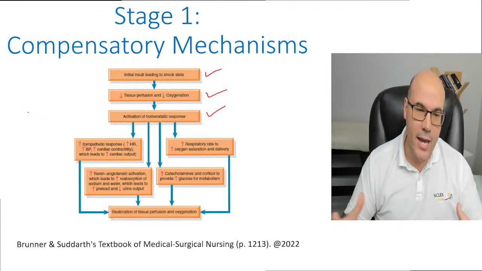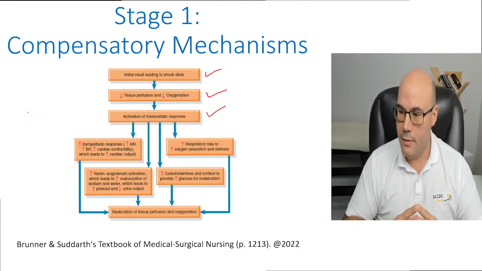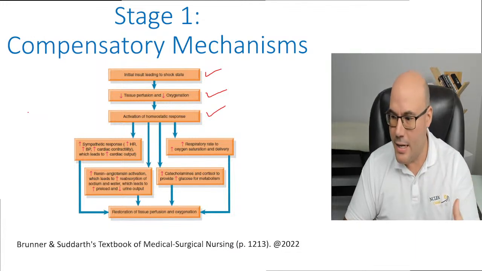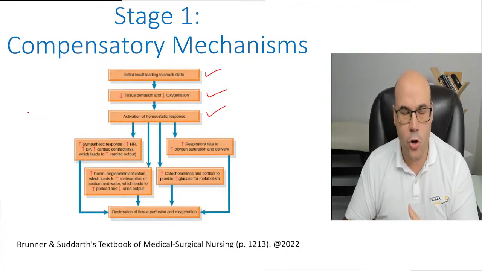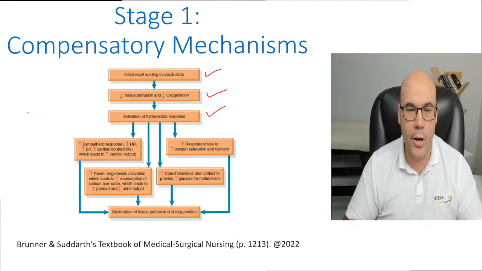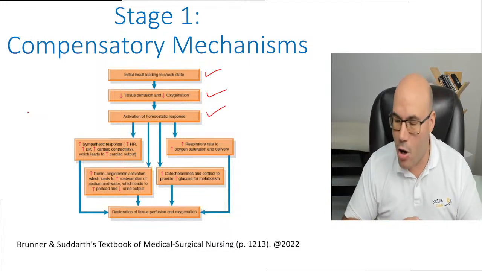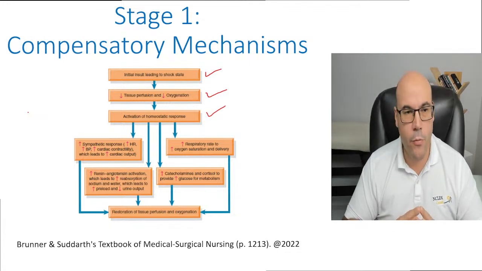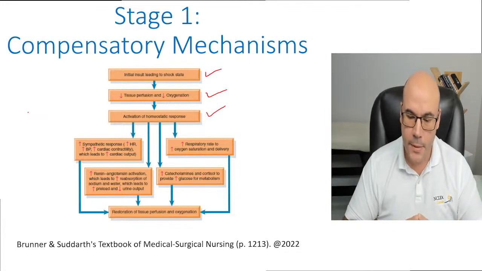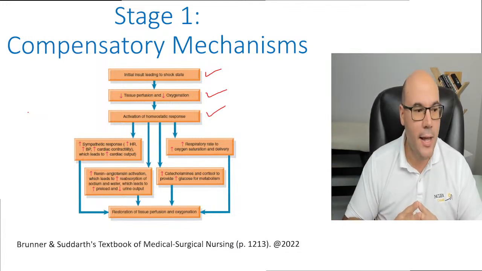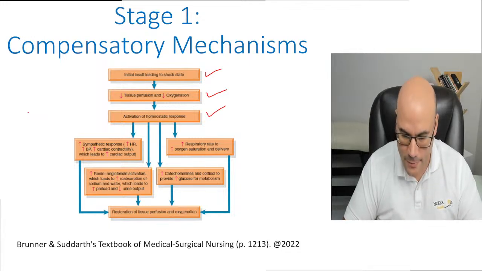With this activation of the homeostatic responses, the cardiovascular system, the respiratory system, the kidneys reabsorbing sodium and water, increasing the preload of the heart, decreasing the urinary output, and then the effect of the catecholamines, increasing cortisol, increasing glucose, helping with metabolism, the end result is going to be a restoration of tissue perfusion and oxygenation.